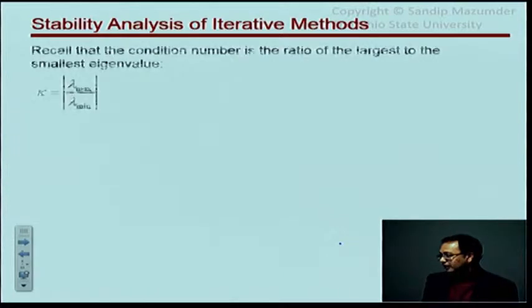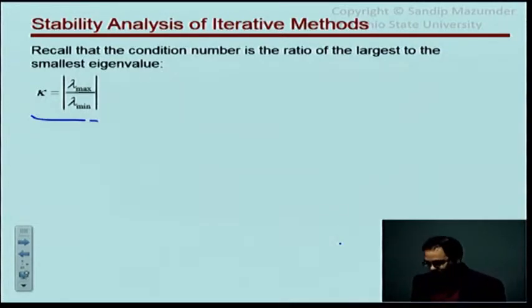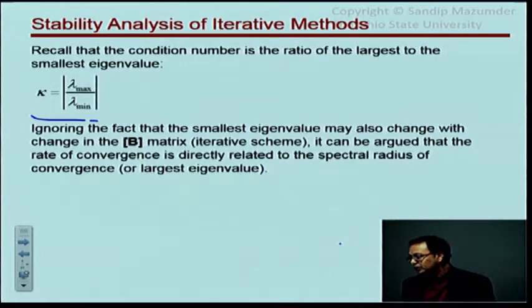All right. So this is our definition of condition number, and this is just sort of side information. If you ignore the fact that the smallest eigenvalue also changes, then you can say that the rate of convergence also depends on the maximum eigenvalue.